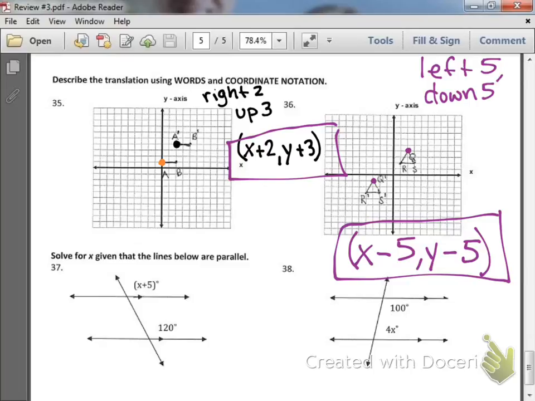And then let's talk about these equations. So what type of relationship do those angles have? This guy and this guy. Are they alternate interiors?